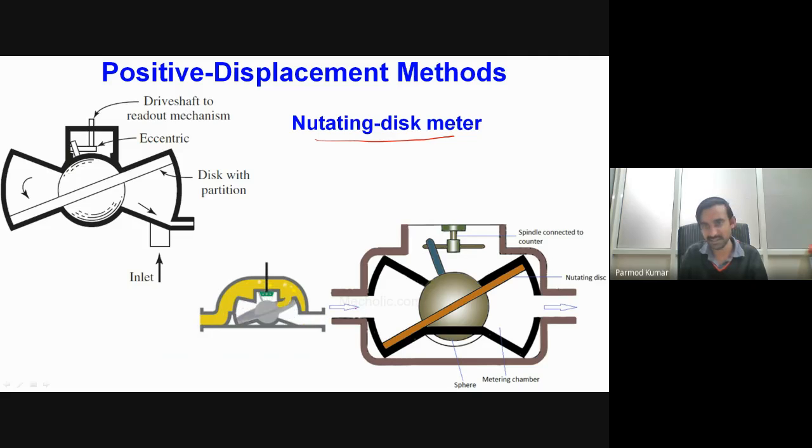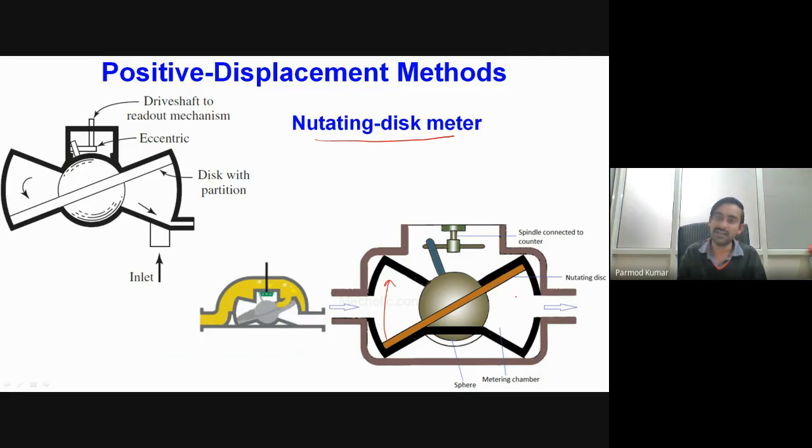For example, in this photograph, while this disc is rising in the upward direction, during that time we have filling of this chamber, and while this disc is moving in the downward direction, during that time we have outflow from this particular location. So if we consider how many times this disk has moved in the upward and downward direction, we can determine the flow, because we have the fixed volume of this cavity.